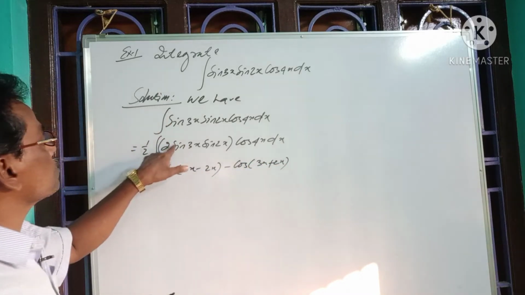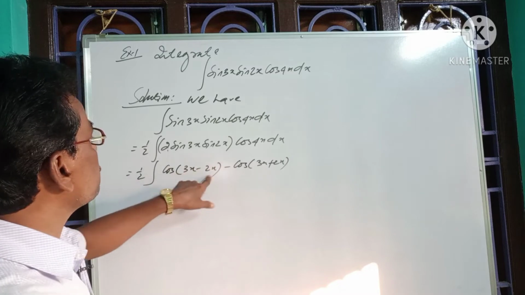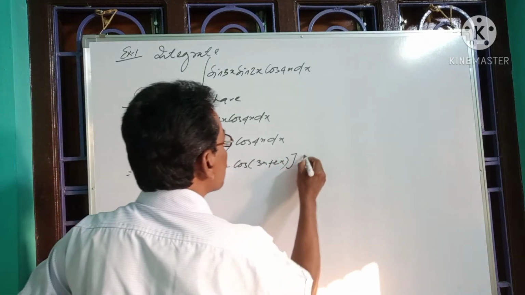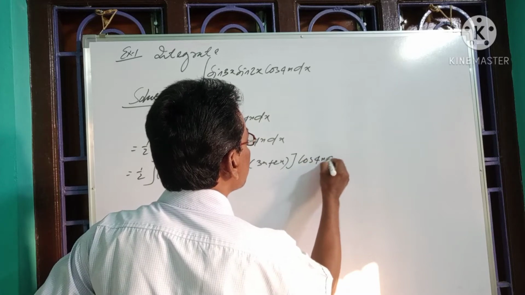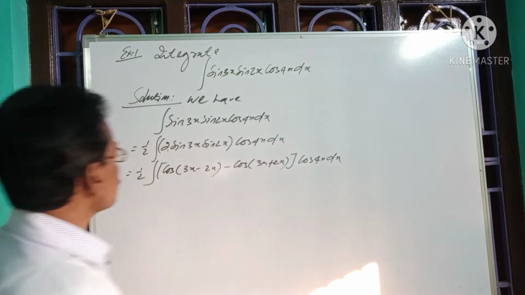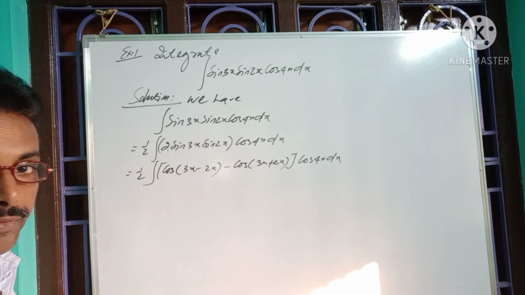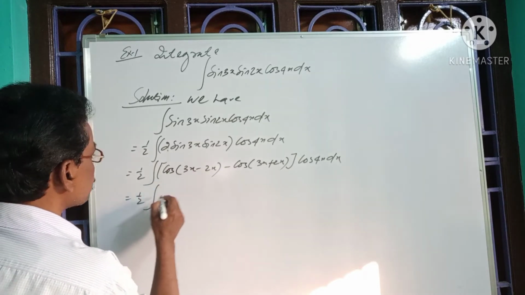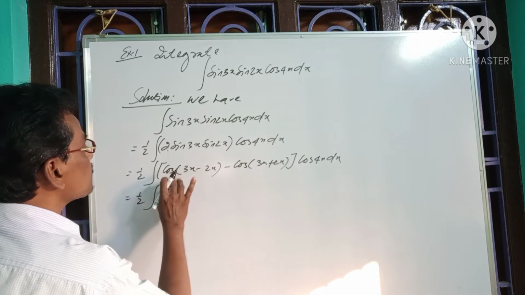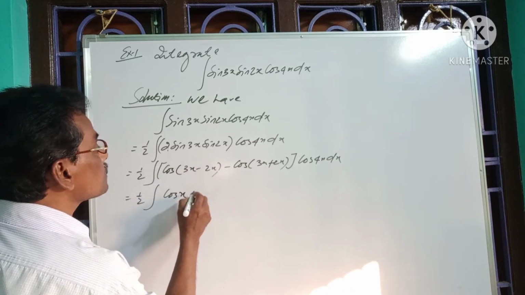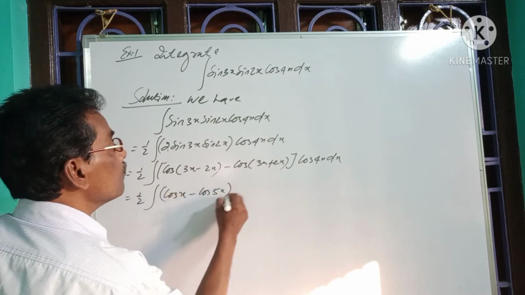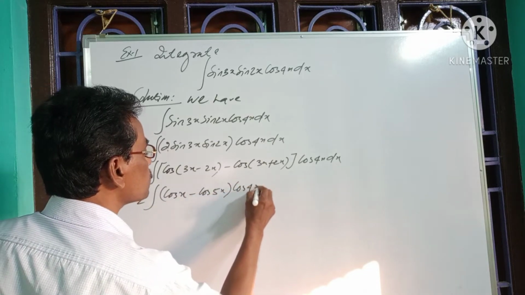So 2 sin a into sin b is equal to cos of a minus b minus cos of a plus b, whole into cos of 4x with respect to x. So now simplifying, we have half into the integration of cos of 3x minus 2x gives us cos x, minus cos of 5x, whole into cos of 4x with respect to x.